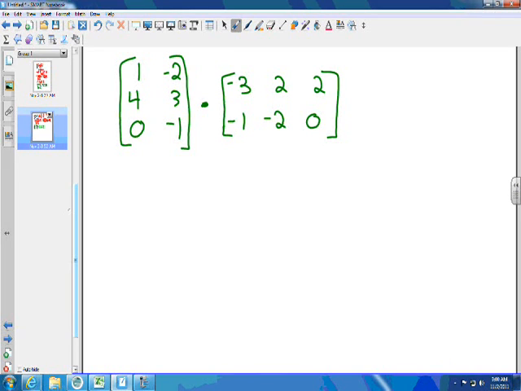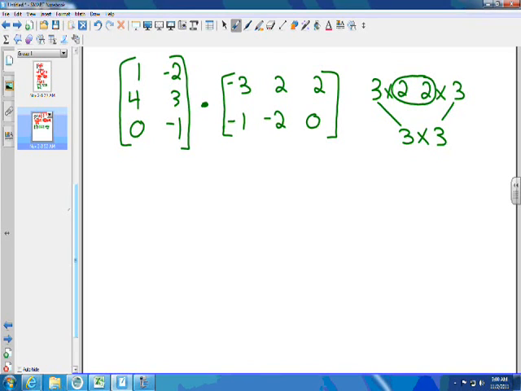Yeah, but it's in different order. See if that matters. What's the dimensions of the first one? 3 by 2. And the dimensions of the second one. So can we do this one? They're both the same. What should we end up with? So this time, using the same two matrices, just in different order, we should end up with a 3 by 3 instead of a 2 by 2.